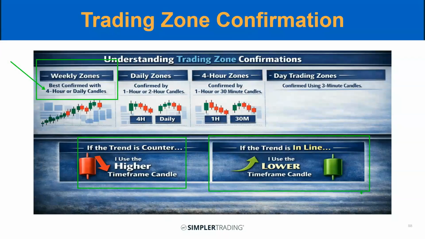What that means is, if I find a demand zone on a weekly chart right now on Apple, and the trend is bearish and it's a demand zone, which is a bullish zone, guys, that would be counter trend. So I would use daily candle confirmations in that weekly zone.